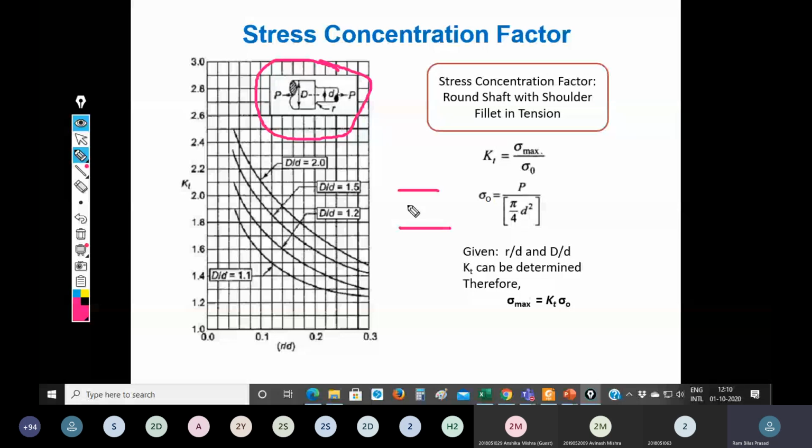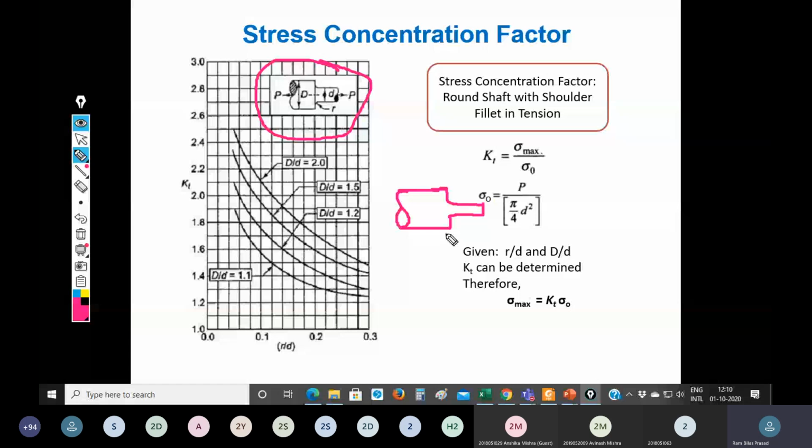And the cross section is getting reduced, and there is a fillet, right? There is a fillet. So if such a scenario is there, then you have to use this graph for determining the value of maximum stress sigma max, right?